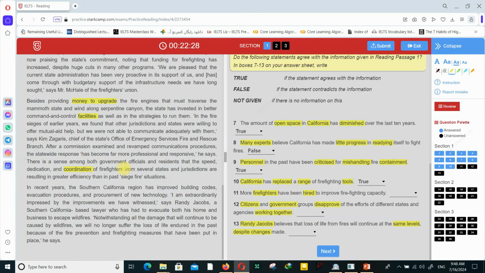Actually, there is nothing about hiring someone. Government, citizens. There is a sense among both government officials and residents. Residents means citizens. That the speed, dedication, and coordination. Coordination means working together. You see, these are the keywords that I highlighted for you guys.